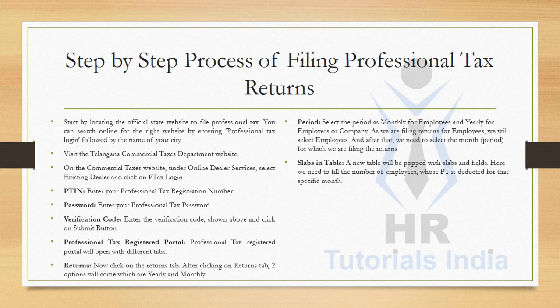Once we enter the number of employees with respect to the professional tax deducted, it automatically gets calculated and the total amount paid to the professional tax department will be displayed. And make sure that the amount displayed in the returns and the professional tax paid at the time of making the payment are matching.